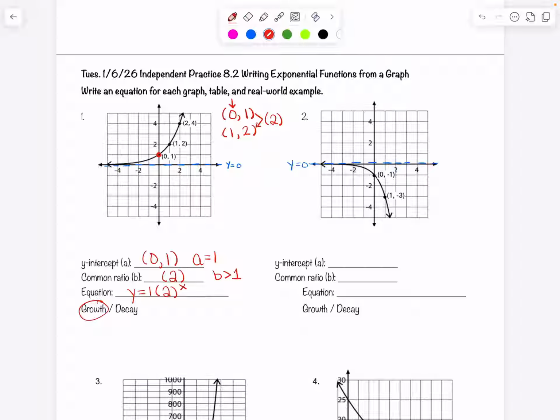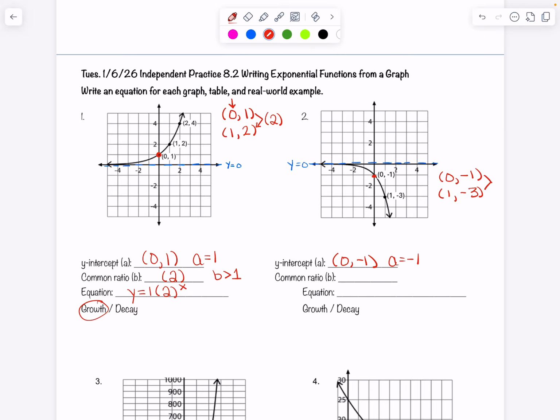All right, so on example 2, our y-intercept on this one is (0, -1). Or you could say a equals -1. Now, for the common ratio, I can pick any 2 points that they provide for me, or we can find them. So I have (0, -1) and I have (1, -3).